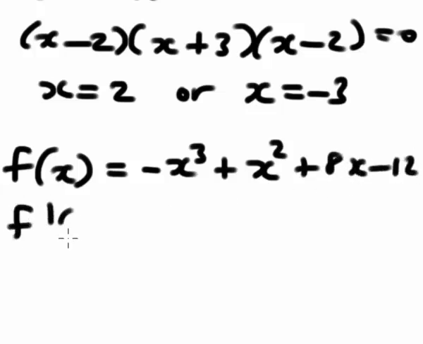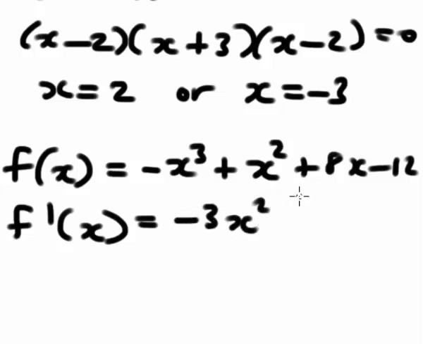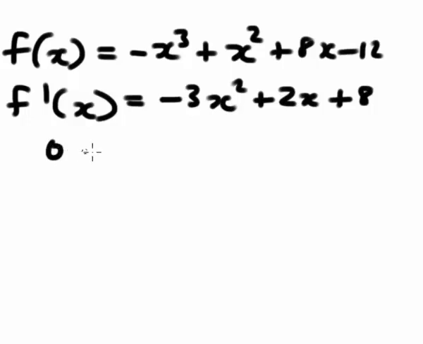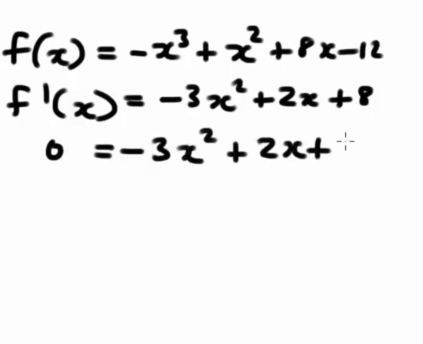Let's get the derivative. So what would that give us there? Negative 3x squared. Okay, bring down the 2 and subtract 1. The derivative of 8x is 8, and negative 12 is 0. At a turning point, your derivative is of course 0. No common factors, but we can bring everybody to the left.